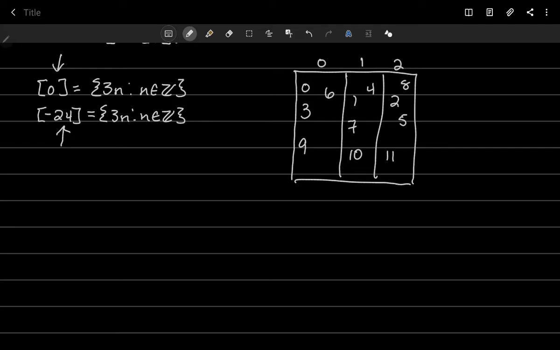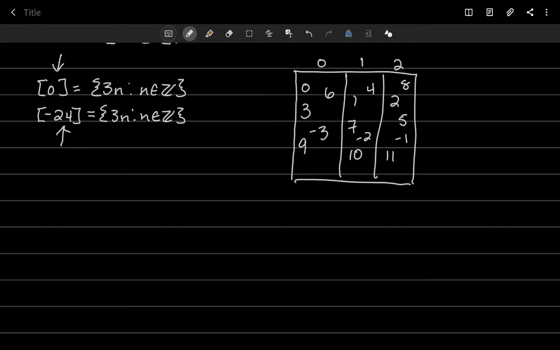And you can go into the negatives too. You would have, let's see, -1, -2, -3, and so on. So basically we have split the integers into 3 different classes, equivalence classes. Another word for this is partition. I split it into 3 sets that cover everything, but they have nothing in common. They don't overlap at all.